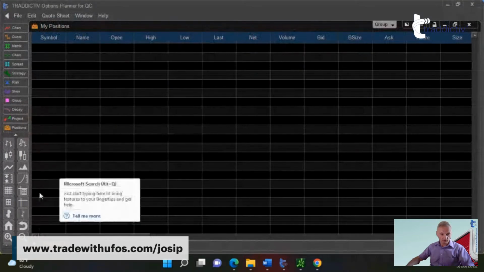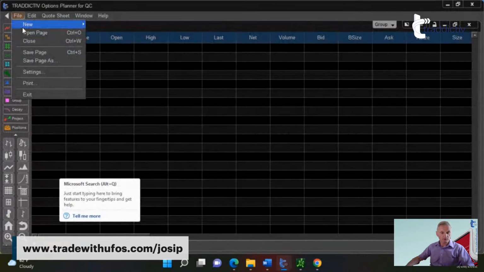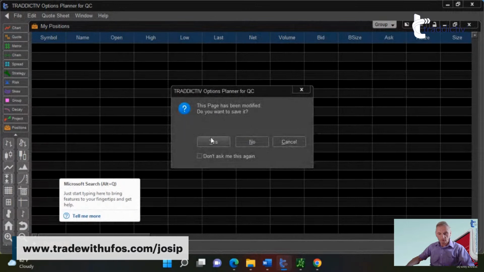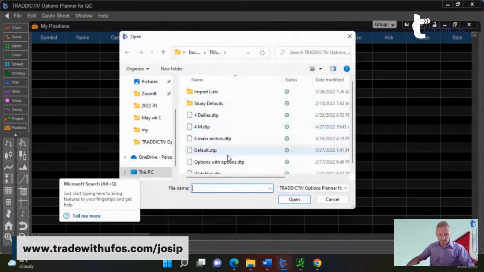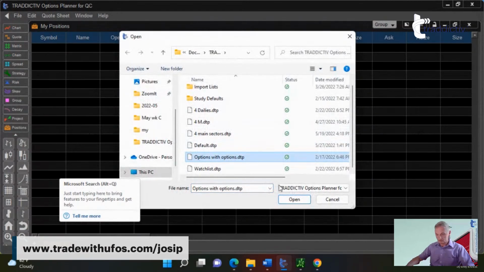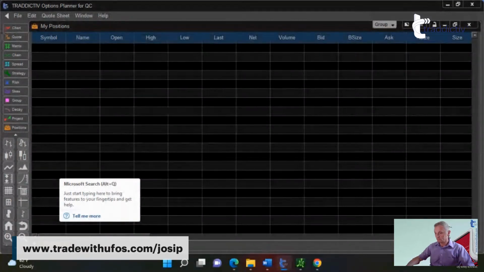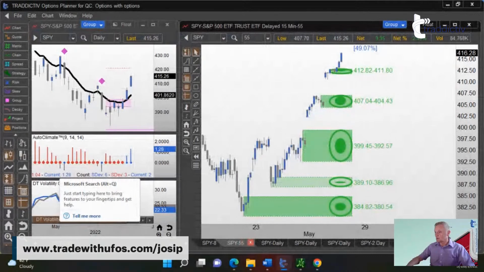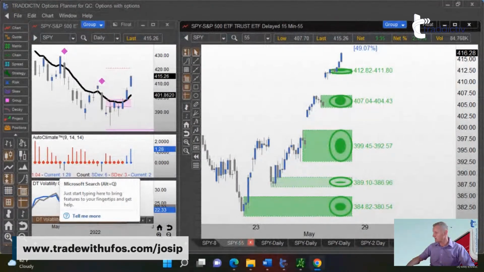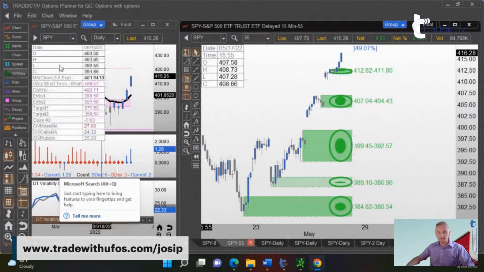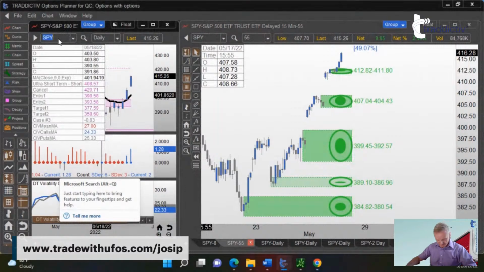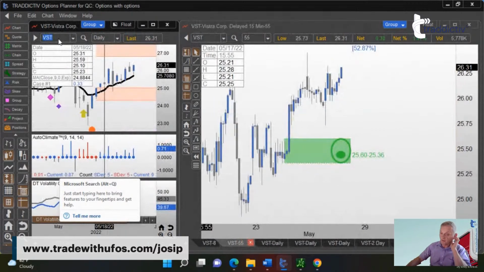We will see here, when I load up the page of the options, that we have a position on VST that we placed when the price was at $25.31.